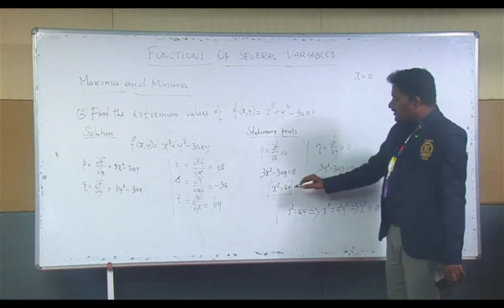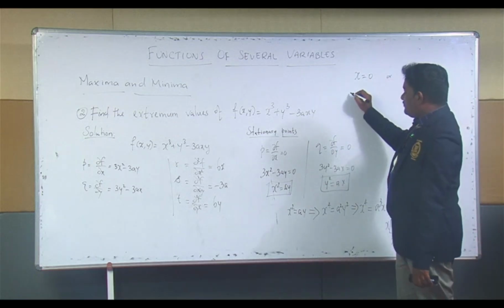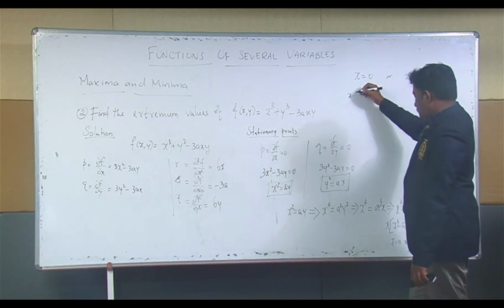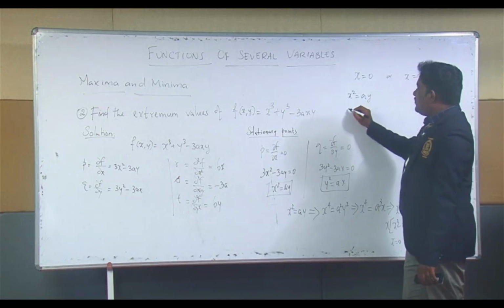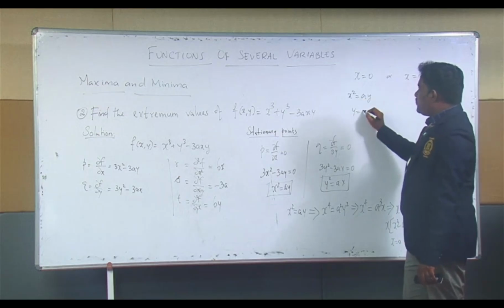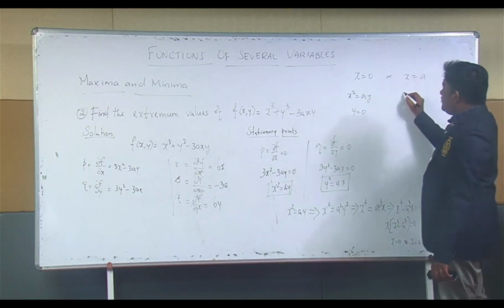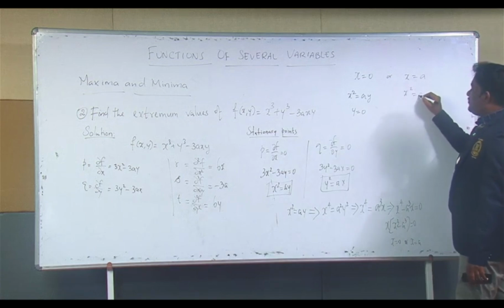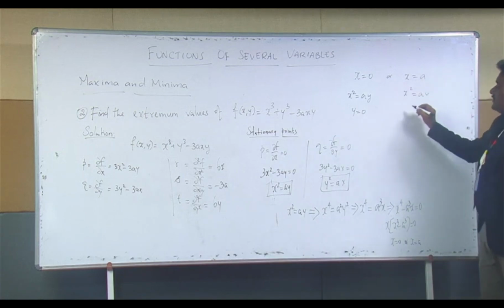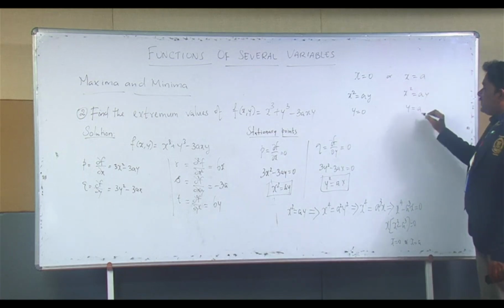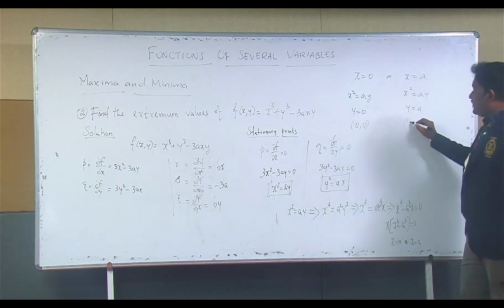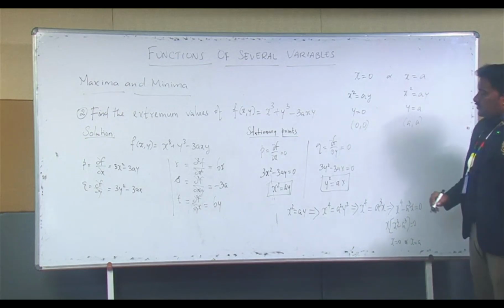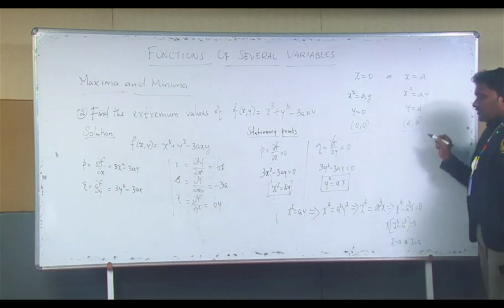So x equal to 0 means y also will become 0, and if I replace x equal to a, again y will become a. So, the points are 0 comma 0, and a comma a. These are the stationary points we get.